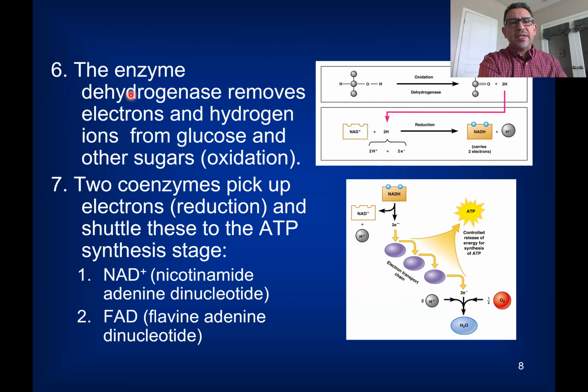I like the name of this enzyme, dehydrogenase. The first part, de, means to undo or to remove. Hydrogen, well, we know that's the first element in the periodic table, atomic number 1. It has 1 proton and 1 electron. So the enzyme dehydrogenase is removing hydrogens from fuel molecules.